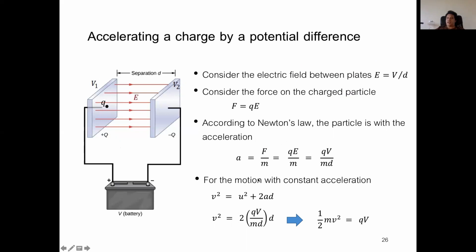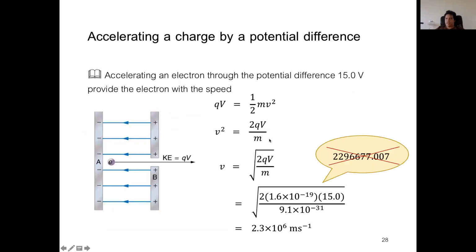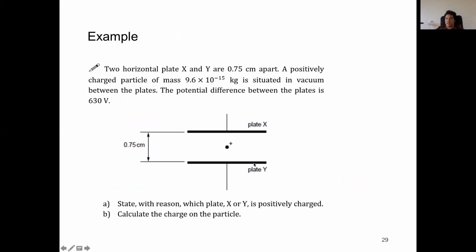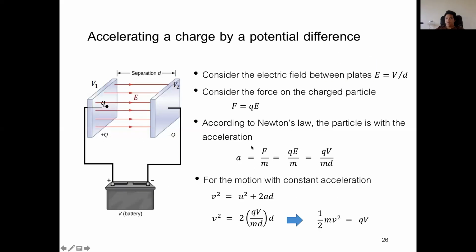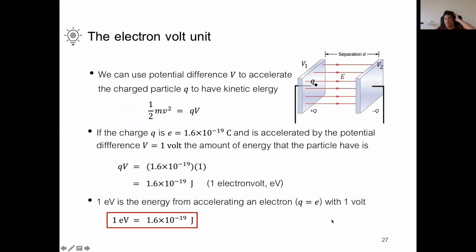Then you bring this acceleration into the equation of motion for constant acceleration. If I put u equal to 0, you also get this relation that can be used to accelerate an electron or whatever particles by the potential difference.